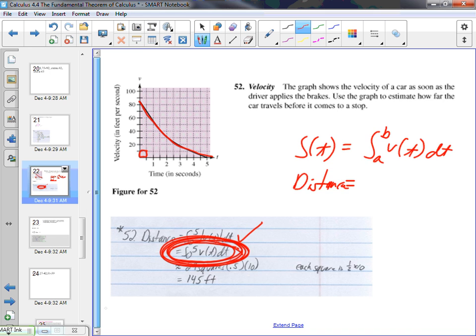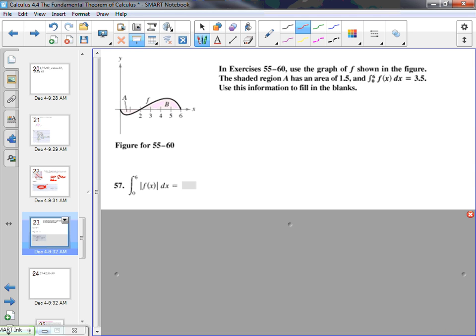Okay. One more example. Number 57. It says, in exercises 55 through 60, use the graph of f shown in the figure. The shaded region A has an area of 1.5.